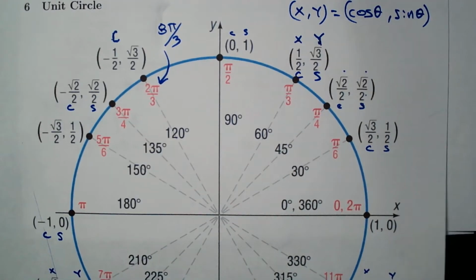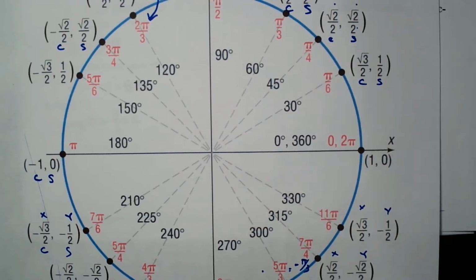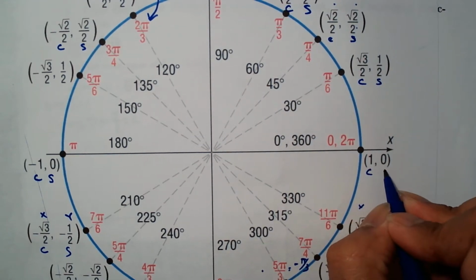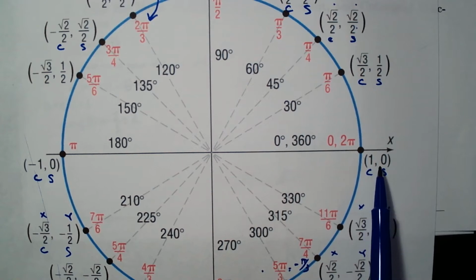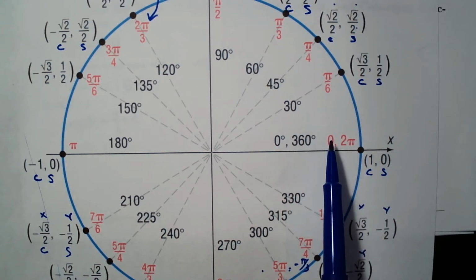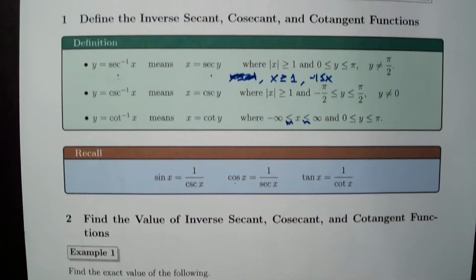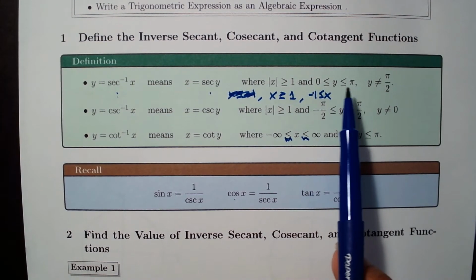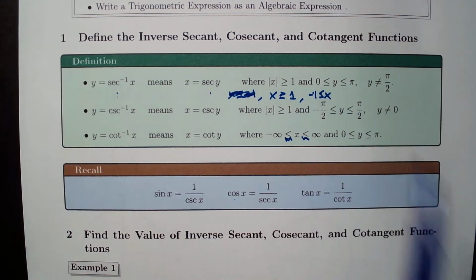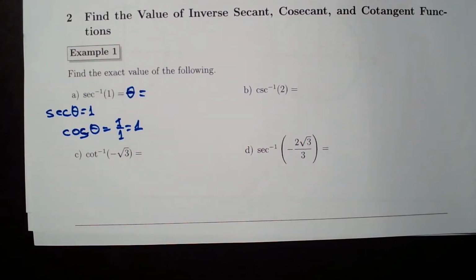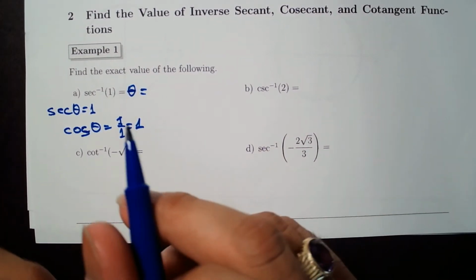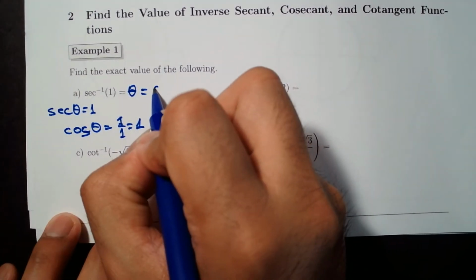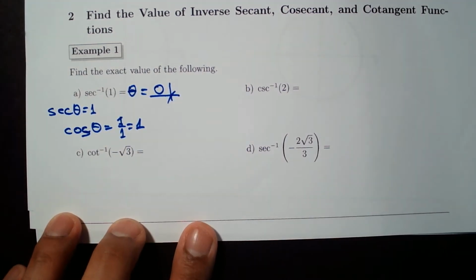If we look at our unit circle, the only angle for which cosine is 1 is 0. We cannot say 2 pi because the function is not defined for 2 pi, only between 0 and pi. So that angle is 0.